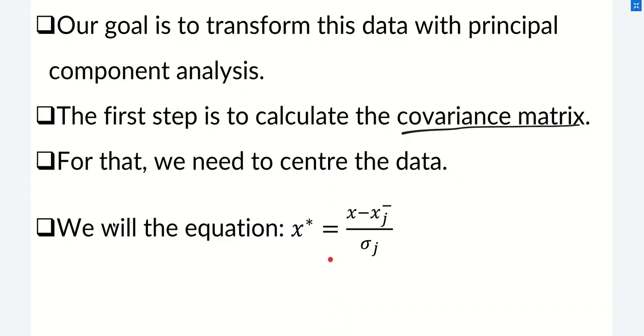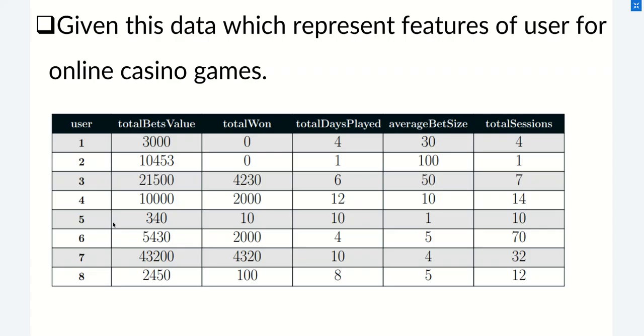First, we need to calculate the mean and also calculate the standard deviation. We are going to calculate it column wise. So if you take the first column, we find the mean, we find the standard deviation. We take the second column, the same thing, all the way to the last.